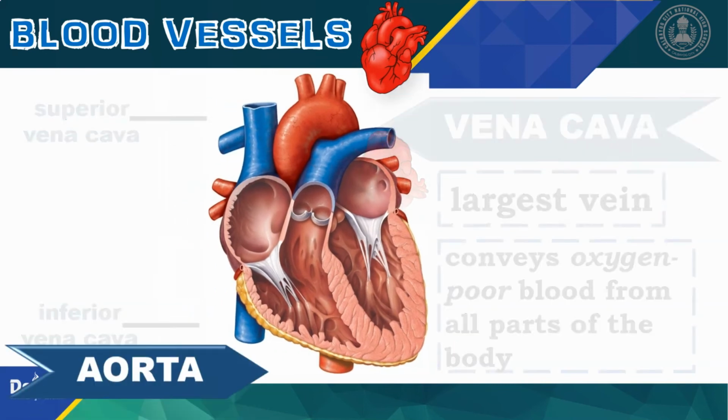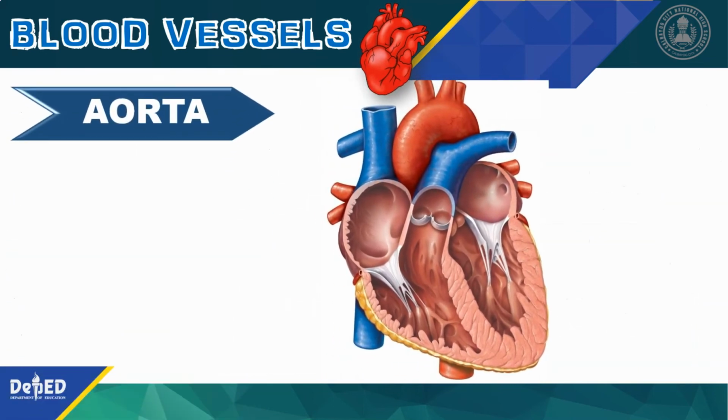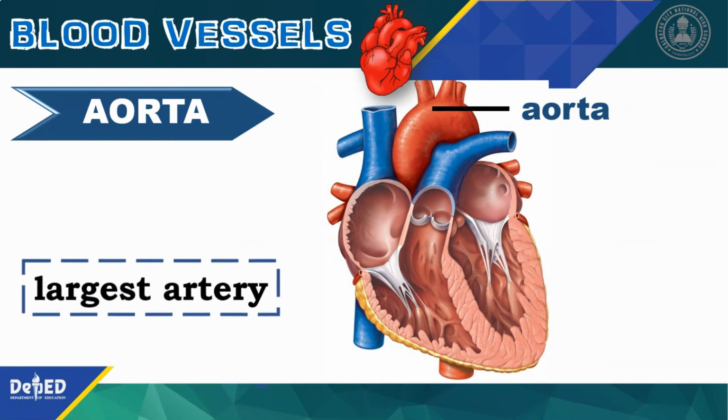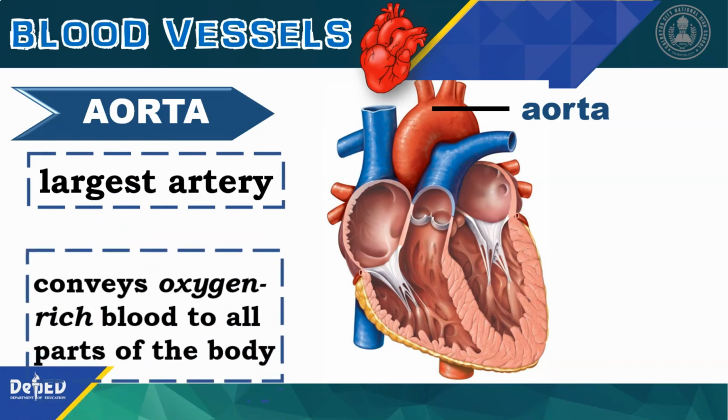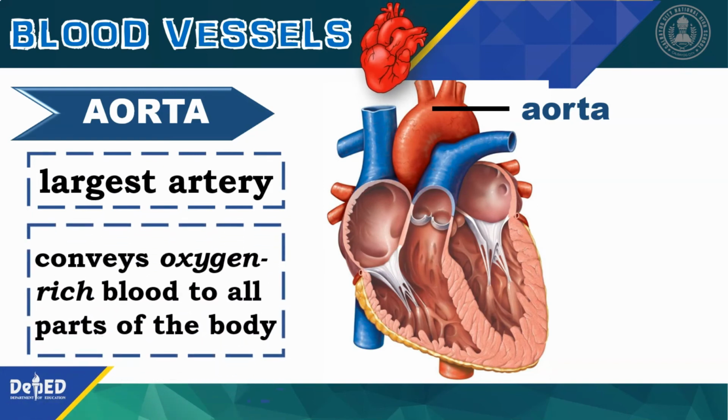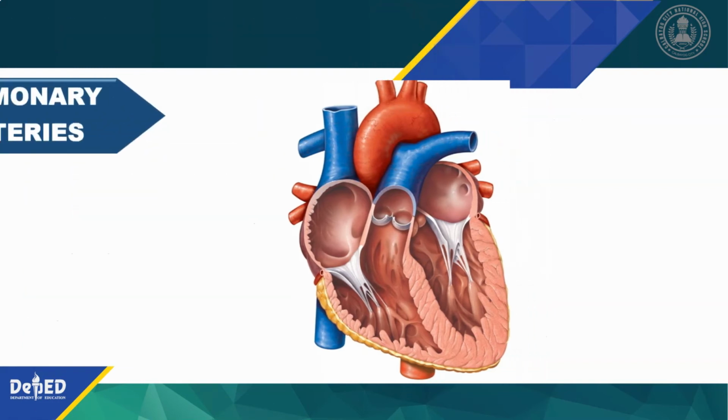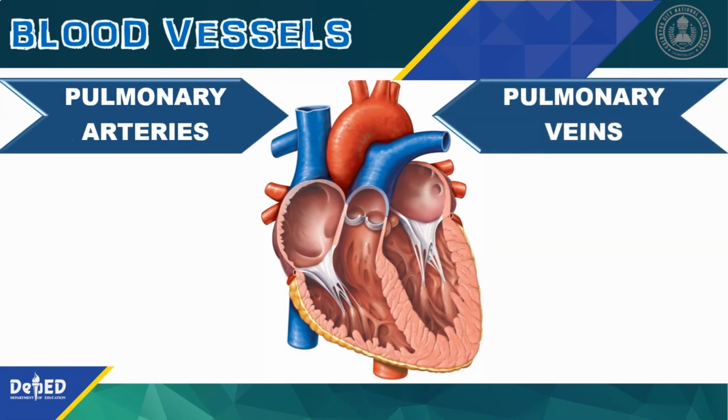Second is the aorta. The aorta is the largest artery. It conveys oxygen-rich blood pumped by the left ventricle to all parts of the body. Lastly, we have the pulmonary arteries and the pulmonary veins.